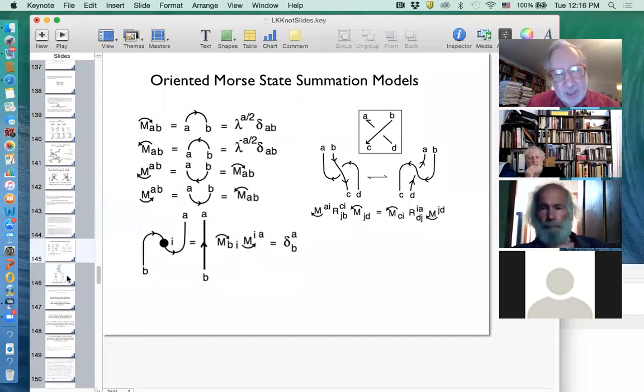And then what is the last thing you need to do in order to check that you have an invariant? When you are doing it with braids, which I didn't work out here, you need to check that the Markov trace property works, just as Roger was talking about when he talked about braids. Here, when you're working with these tangle category models, you have already set it up so that as braids, everything is working.